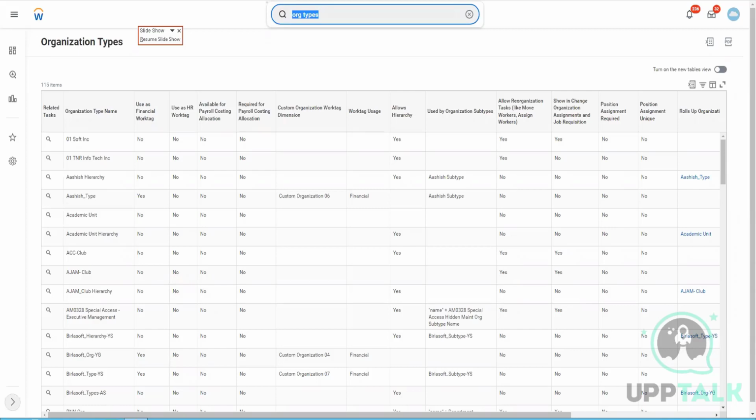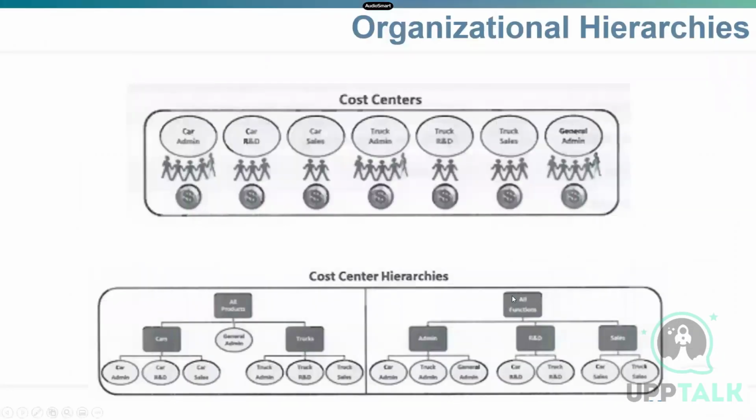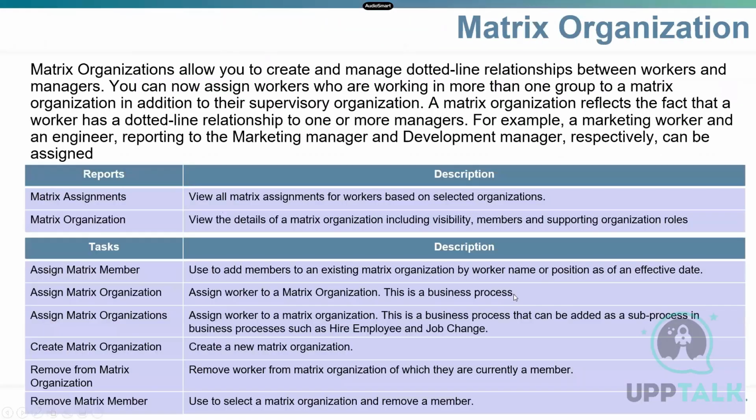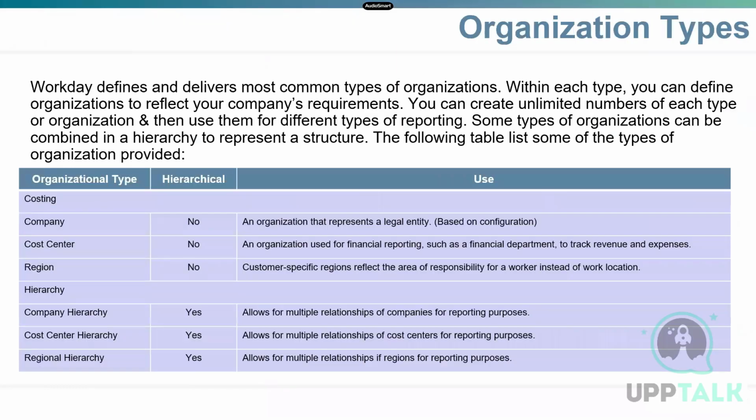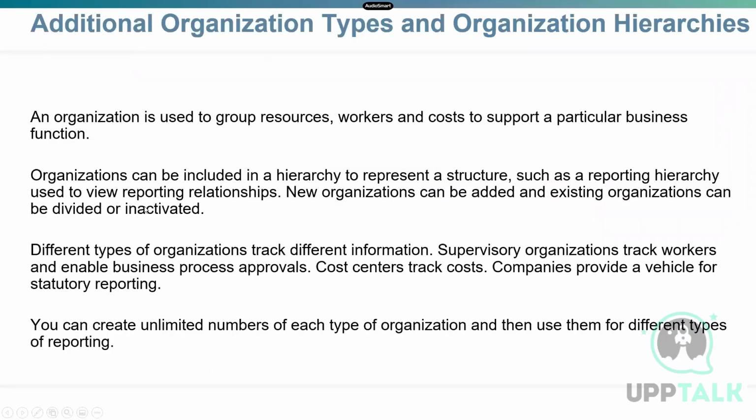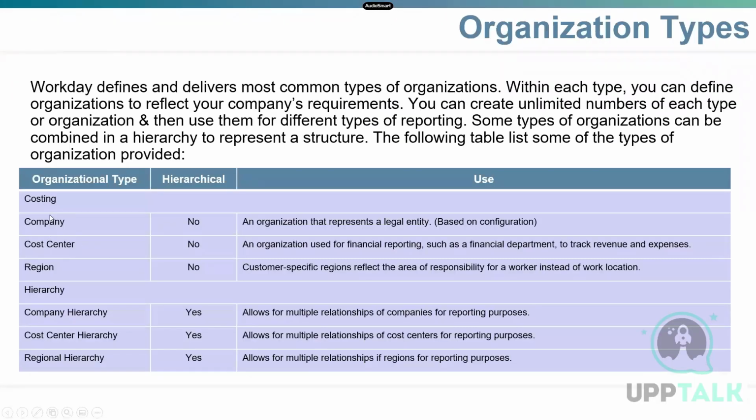So let me bring you back to my slide, which we covered a little earlier. These are the organization types that we have and whether they are hierarchical or not. The costing organizational types are non-hierarchical, so you can have company, cost center, and region as your costing organizational types.